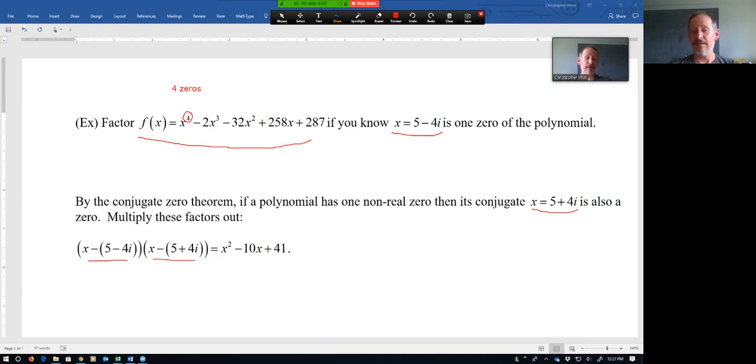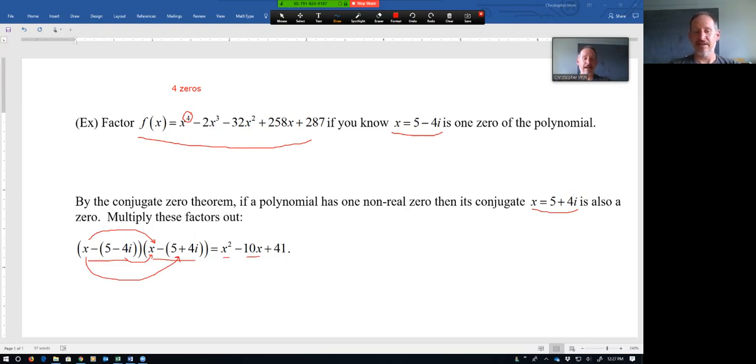I can multiply these two out to get a quadratic factor, and I'll distribute an x times an x. That will give me my x squared. The outer terms, I have a negative 5 minus 4i times x, and I have a negative 5 plus 4i times x. So the 4i cancel, and I have negative 5 twice, which would be a negative 10x.